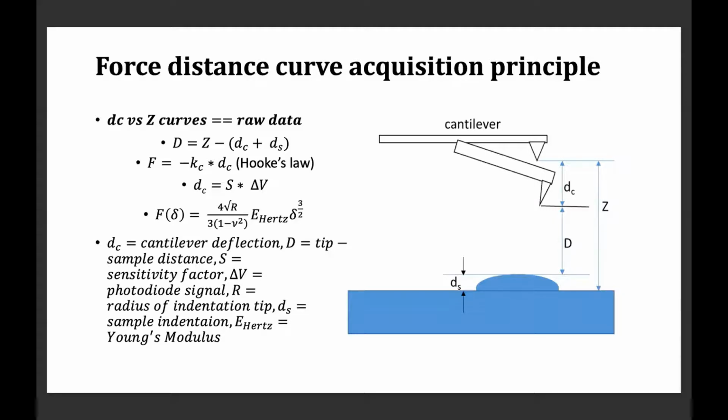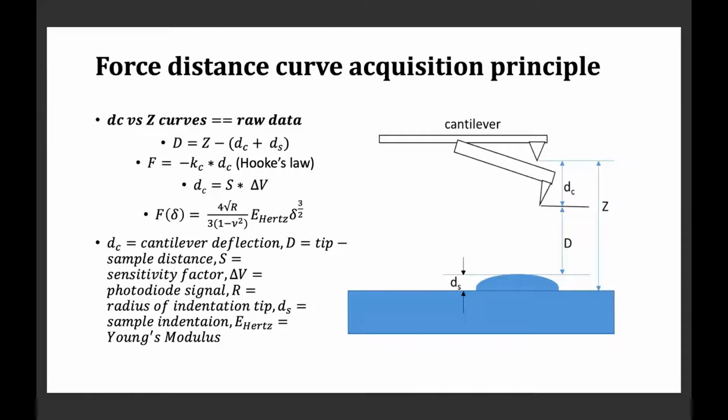So the equation I have on the left-hand side is what you can use to convert between all those terms. From what I have there, we have the basic physics that we normally use, which is Hooke's law, which explains the relationship between the force and the cantilever deflection. So you can also use this to understand the distance between your tip and your sample.